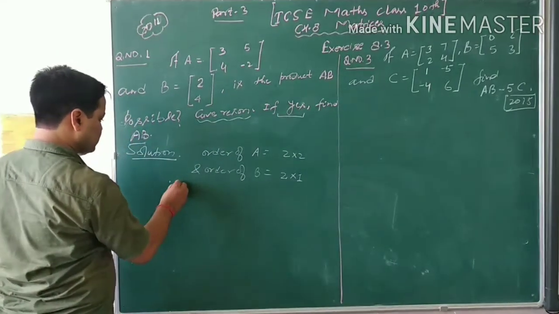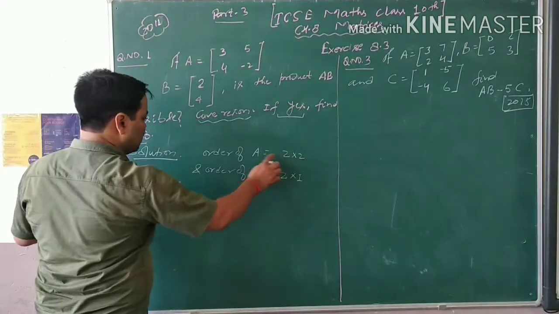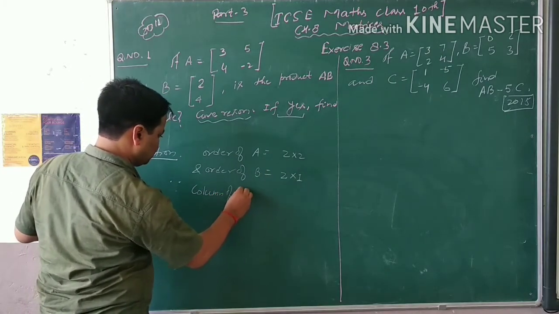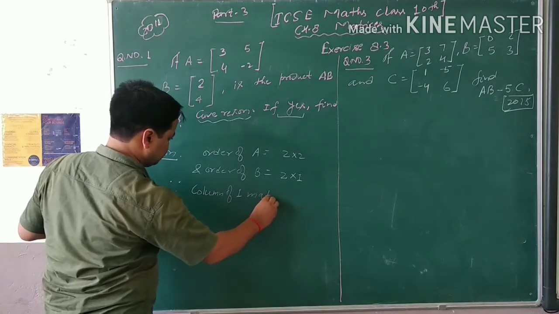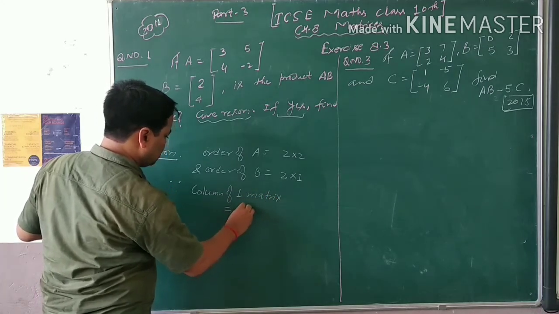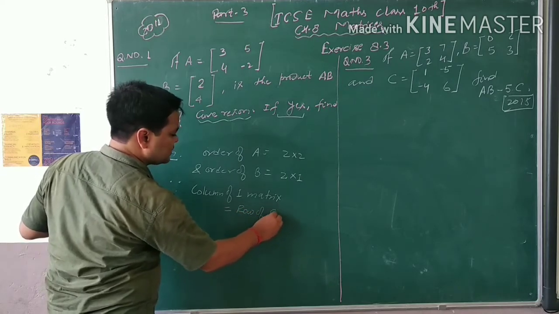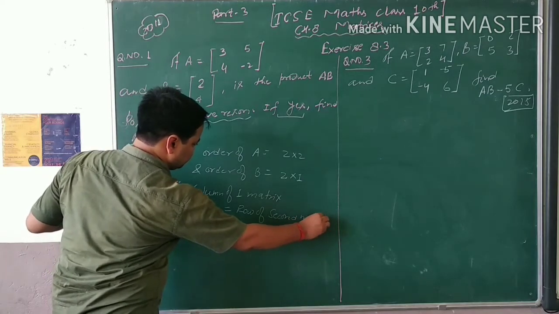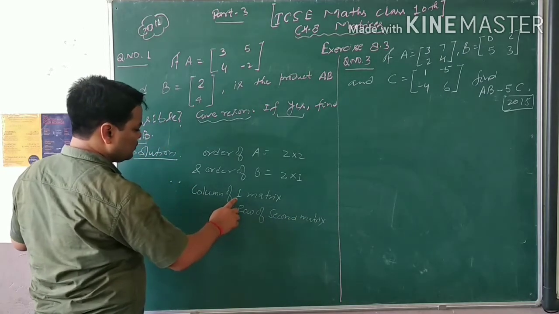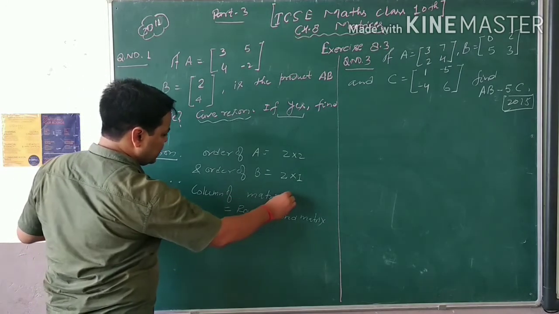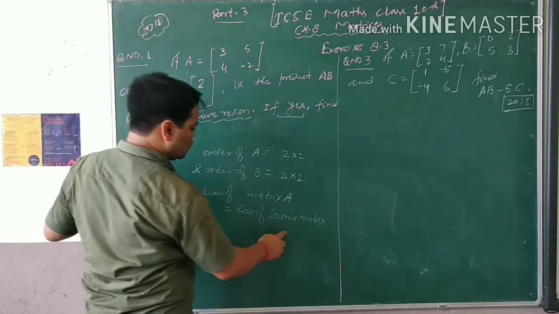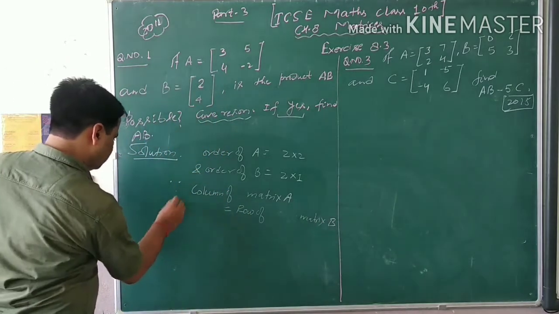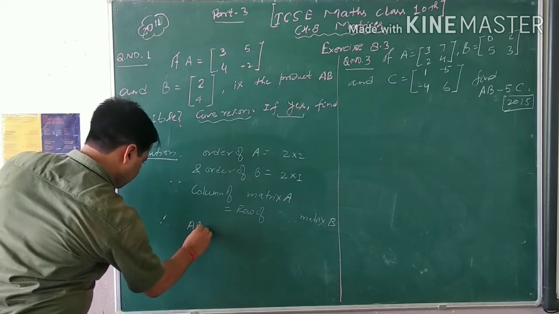So since the column of the first matrix is equal to the row of the second matrix, the column of matrix A is equal to the row of matrix B. Therefore, AB is possible.